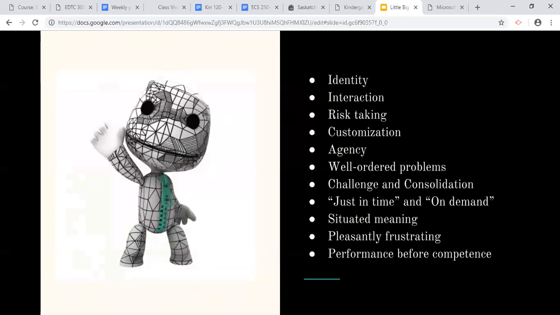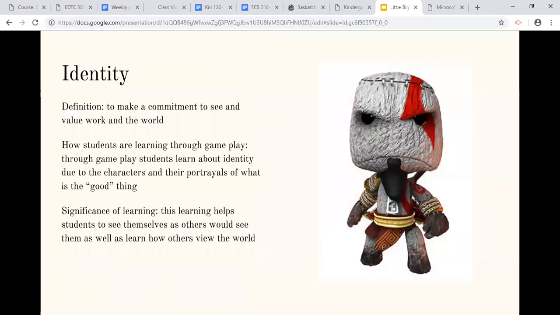I'm only going to directly look at 6, and the rest will just be there. Identity. Definition according to Gee: to make a commitment to see and value work in the world.